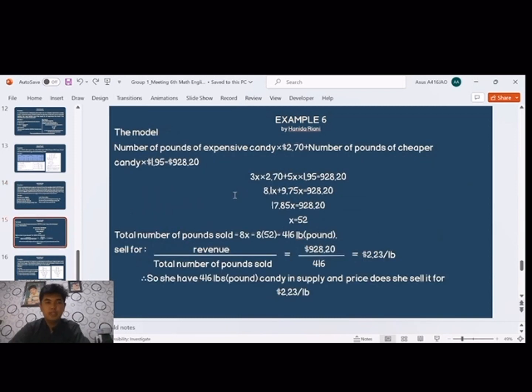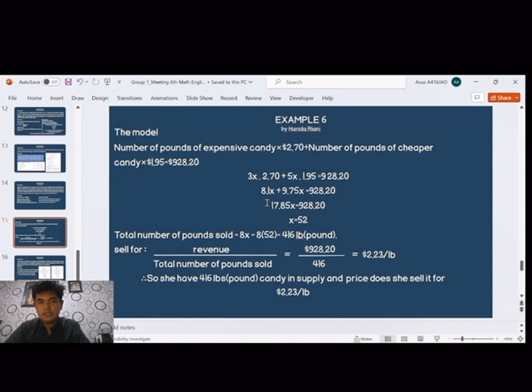Okay, the model is number of pounds of expensive candy times $2.70 plus number of pounds of cheaper candy times $1.95 equals $928.20.